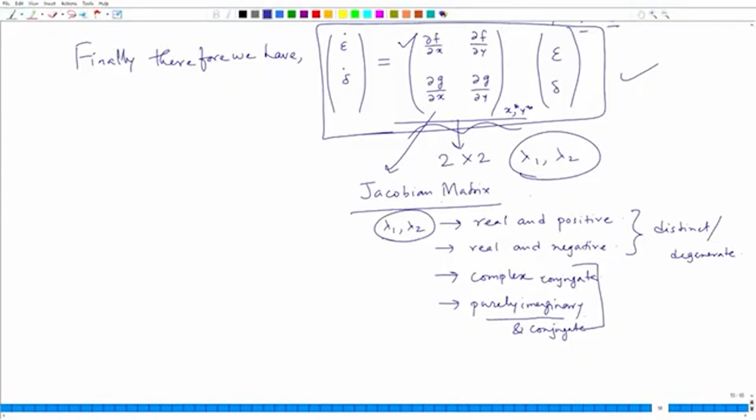If the two roots are real and negative, this is the case where we will find stable fixed points.